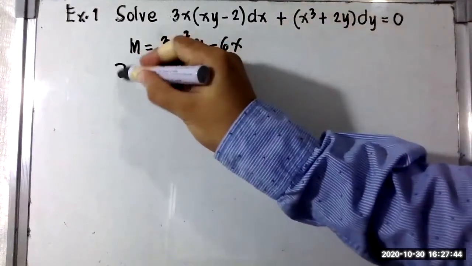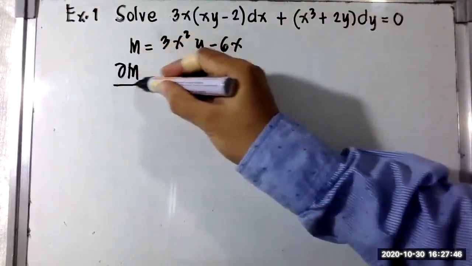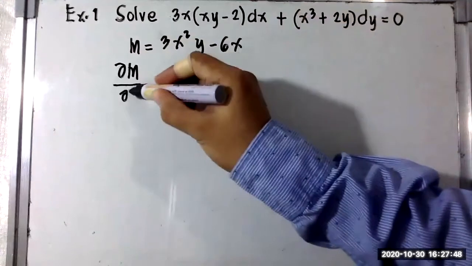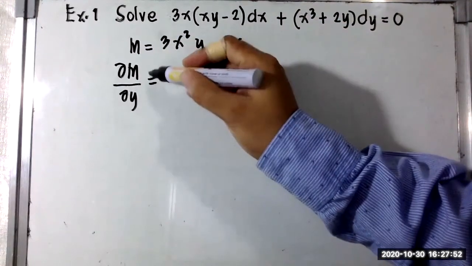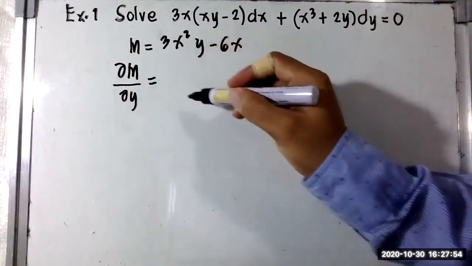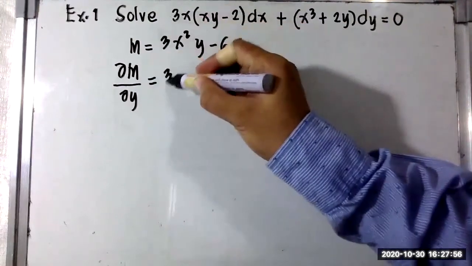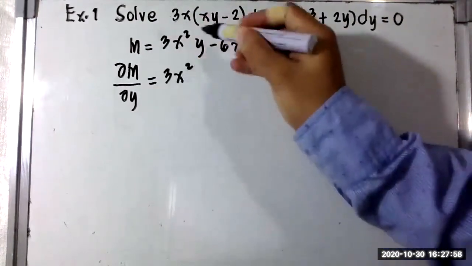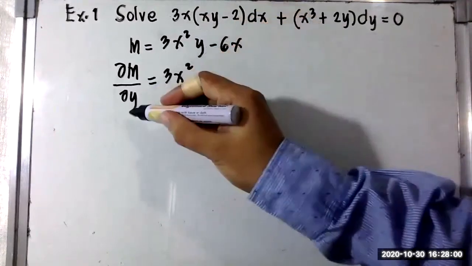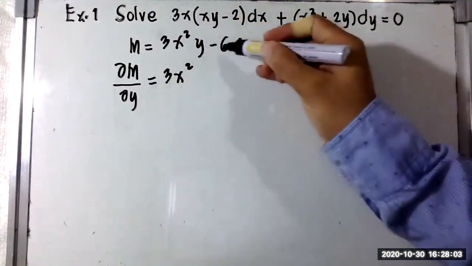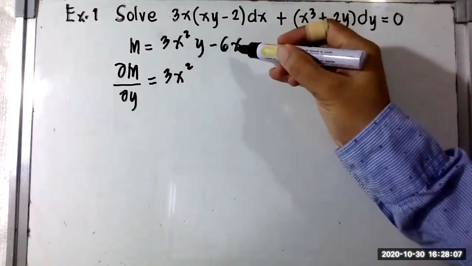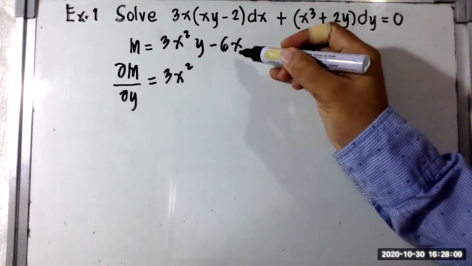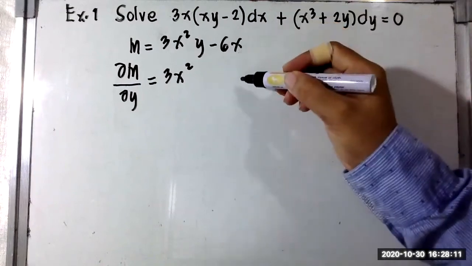We take the partial derivative of M with respect to y, so x is held constant. We copy 3x squared and differentiate y with respect to y, so times 1. The second term is a function of x held constant, so differentiating it gives 0.